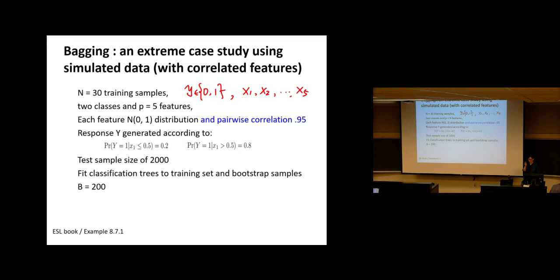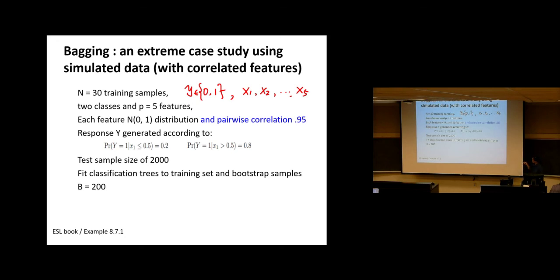When x1 is bigger, the other features are also really large because of the positive correlation. So when x1 is large, x2, x3, x4, up to x5 are all very large, which in the end means this data essentially has only one feature, though in your observation matrix there are 5 features.